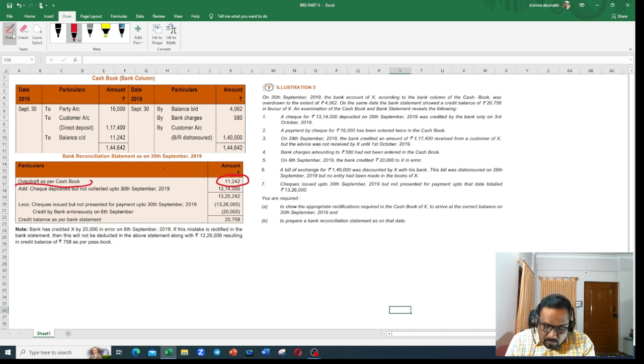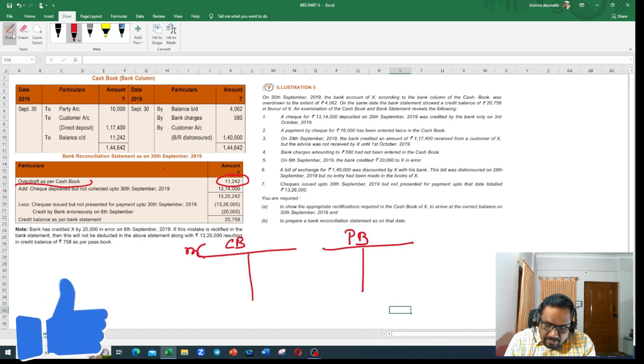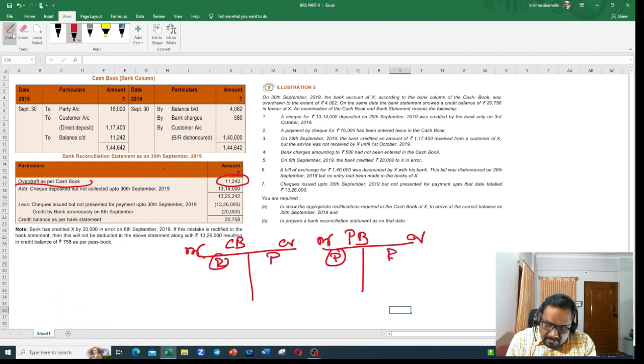As I said previously, what do we do? We prepare the cash book and passbook. This is the cash book, this is the passbook. This is debit, this is debit, this is the receipt side, this is the payment side. This is very simple. Every time you write like this.